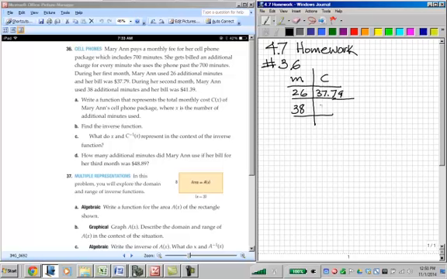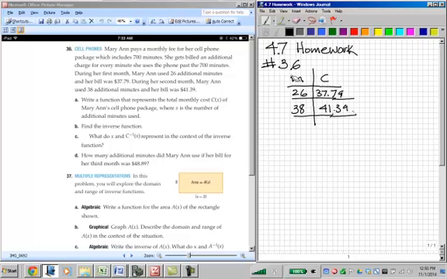So 1 month she talks 26 minutes over the 700 free minutes, and she gets a bill of $37.79. And then in the second month, she talks for 38 minutes over the 700, and her bill is $41.39.